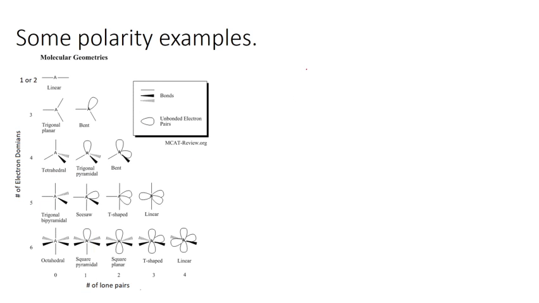Now, if we have CH2Cl2, we have 2 chlorines, we have 2 hydrogens, we have 4 electron domains, none of them are lone pairs, so again we have tetrahedral. Now looking at this, you would be tempted to say probably that that's symmetrical and that that is not polar.